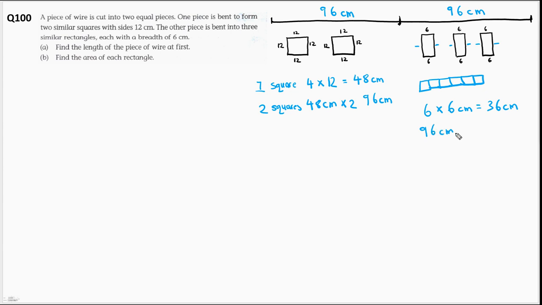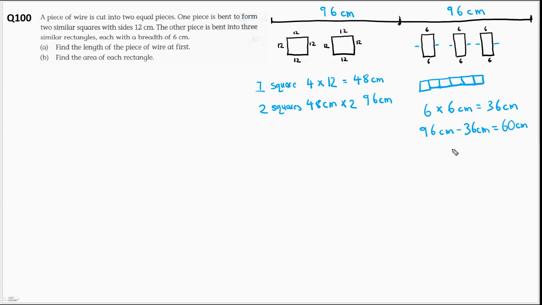96 centimeters take away 36 centimeters gives us 60 centimeters. So 60 centimeters is the length of these 6 lengths put together.